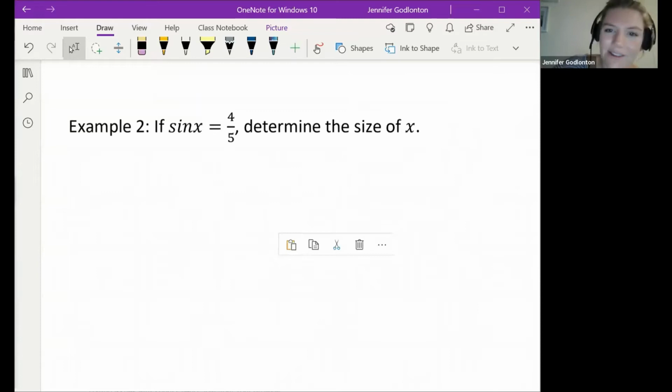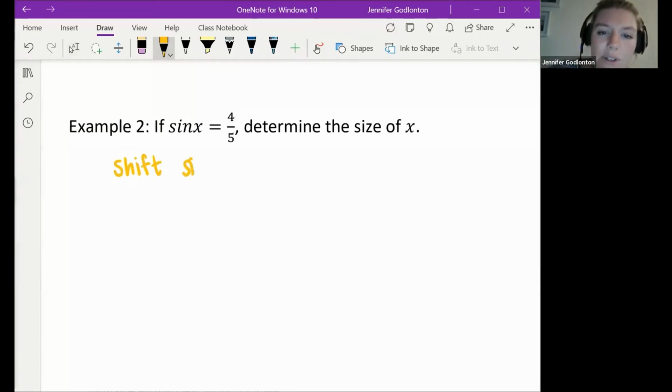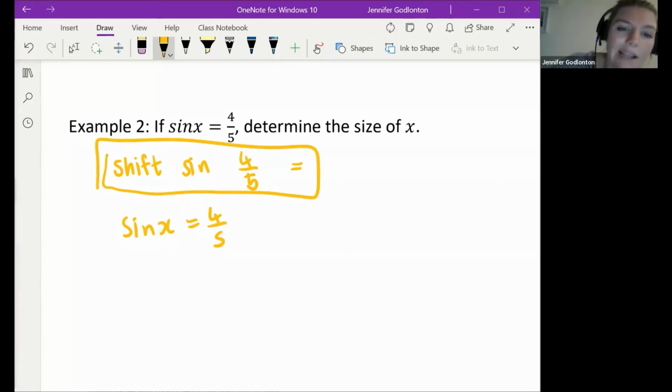Okay, we're going to go through together. Don't panic. What we have at the moment is sin x is equal to 4/5. I saw your answers coming in, and I'm glad they were looking good. Let's go through this step by step. The first thing is we know we're dealing with sine. So in your calculator, first push shift and then sine, then put in your fraction 4/5 and push equals.